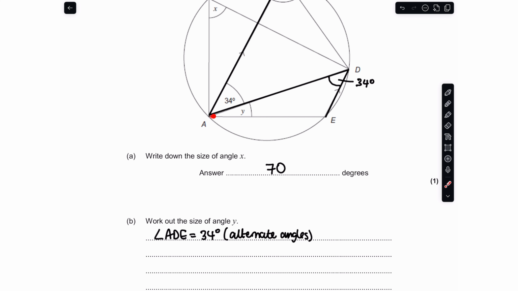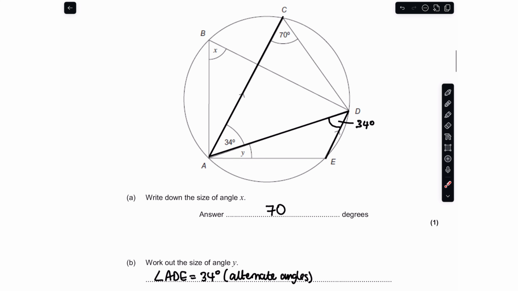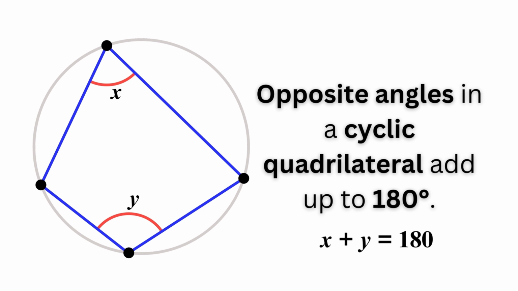In our triangle ADE, we can see that in order to work out the angle Y, we're also going to need to know this angle AED. If we take a closer look at our diagram, a cyclic quadrilateral is formed by connecting the points A, C, D, E, and A, and opposite angles in a cyclic quadrilateral add up to 180 degrees.